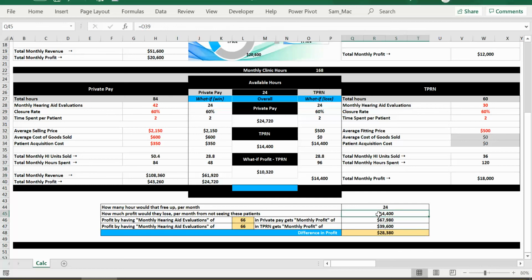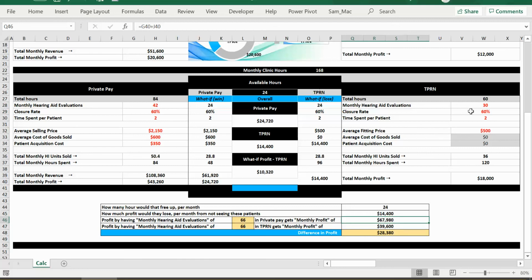But if you see the patient, which is 42 plus 24, which is 66, which gets automatically calculated based on these, in private pay you get a profit of 67,980, and if you do the same thing in TPR, you get a profit of 39,600. So that's the difference, and how much you're updating is also here.